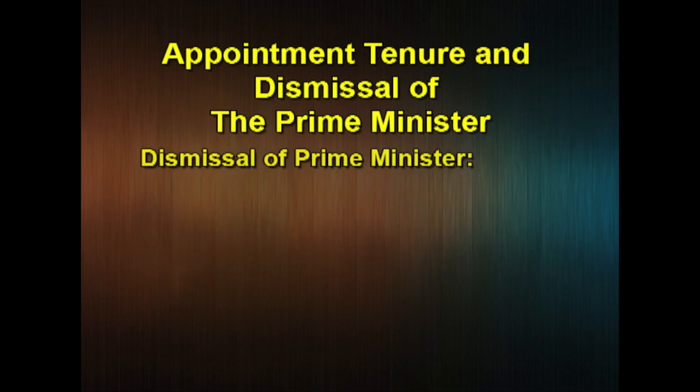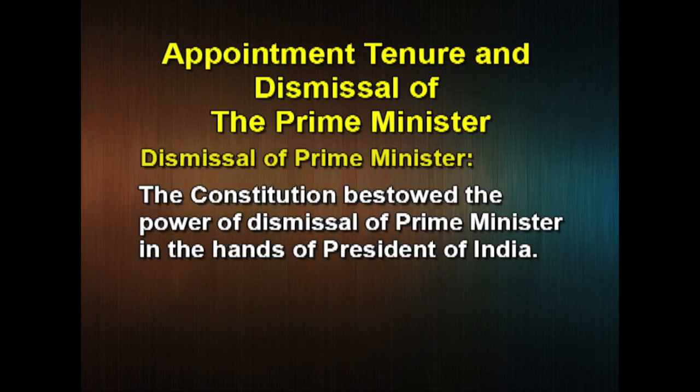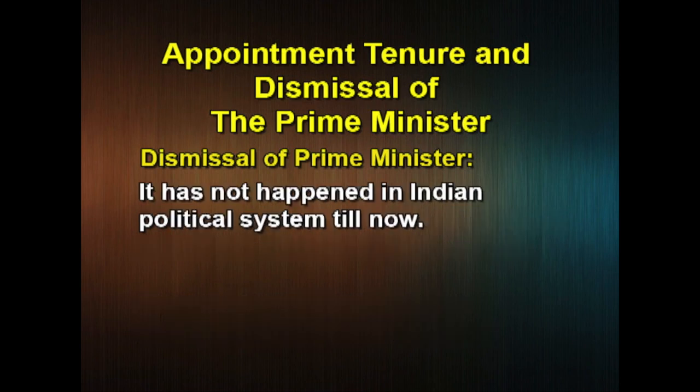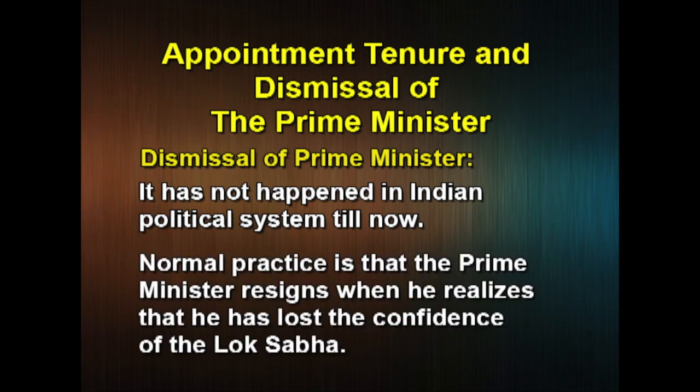Dismissal of Prime Minister. The Constitution bestowed the power of dismissal of the Prime Minister in the hands of the President of India. Normally, no Prime Minister is dismissed by the President. It has not happened in the Indian political system till now. The normal practice is that the Prime Minister resigns when he realizes that he has lost the confidence of the Lok Sabha.